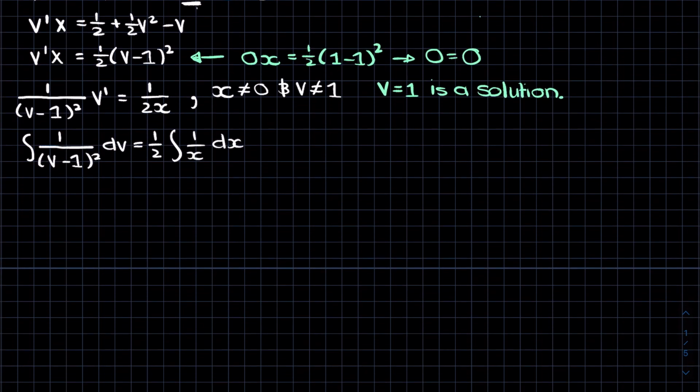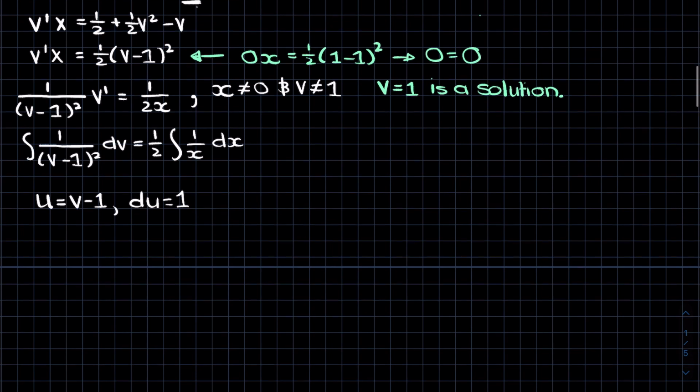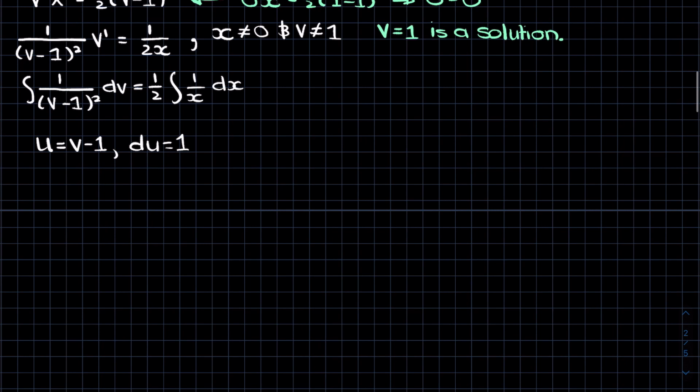You can either use a u substitution or you don't have to because du equals dv. I'll just use the u substitution and show you anyway. So if we let u equals v minus 1, then du equals dv. So you don't actually have to use a u substitution here. You can just sort of take the integral as is.